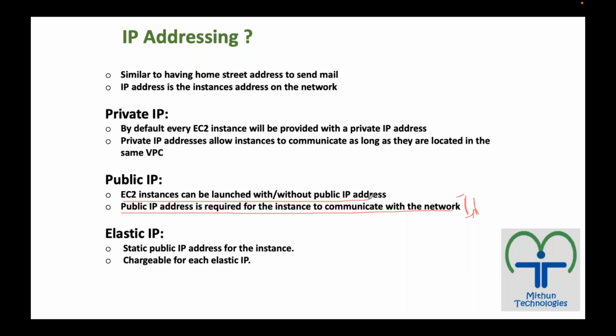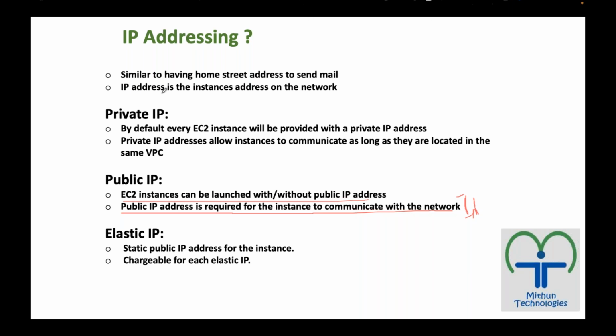EC2 instances can be launched with or without a public IP address. Public IP is not mandatory. In real time, most of our servers will be private servers without internet, without public IP.